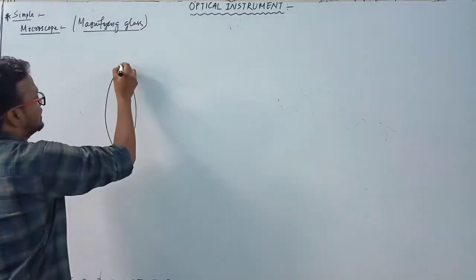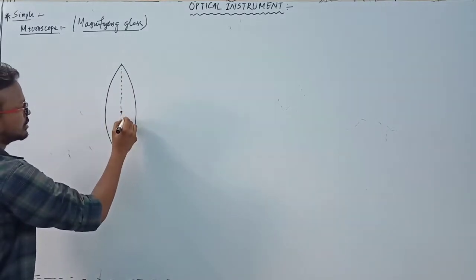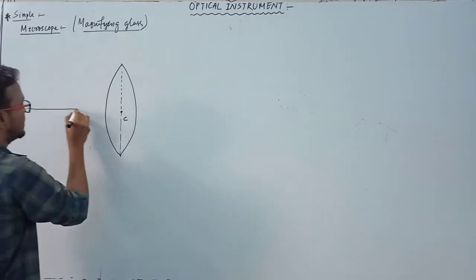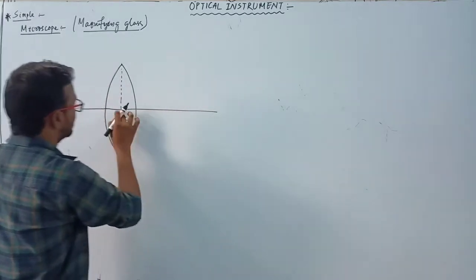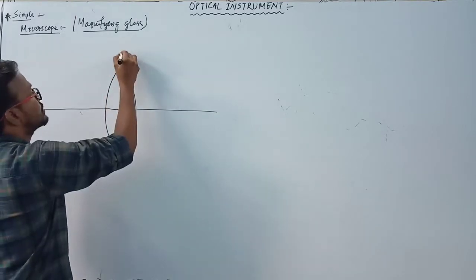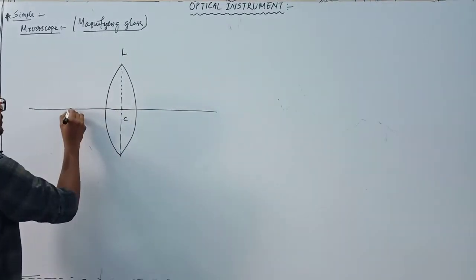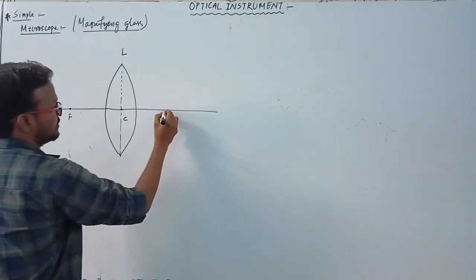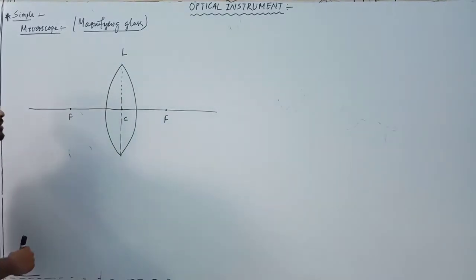It is a convex lens, and this is the optical center, suppose C, and this is the principal axis, which passes through the optical center. Suppose the lens is here, L. Clear? And there are two focus points, suppose this is focus F and here focus F. This focus is known as the second focus and this focus is the first focus.